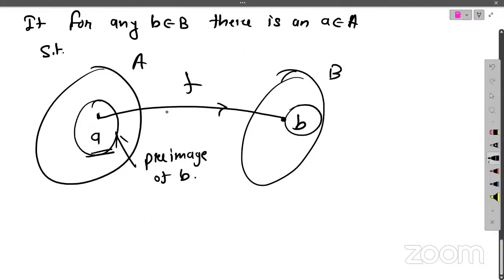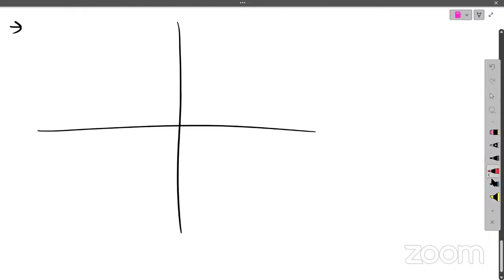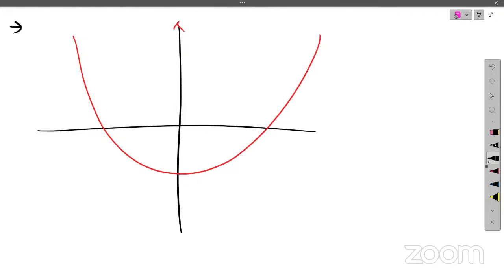So let's observe, if we have a graph, how we can judge. Suppose you have a graph looking like this. It's nothing but just a parabola. Now you observe how we can judge whether this function is onto or not. We will look for those y values for which we don't have any input. For example, suppose this is y equals 2 again.